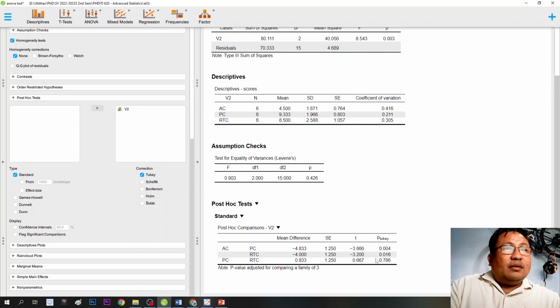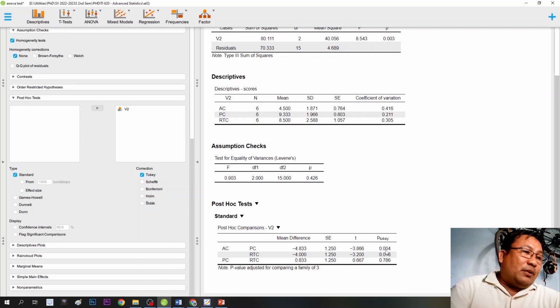So the probability value in the ANOVA test of cocaine addicts who are assigned to one of the three groups is less than 0.05. Therefore, there is a significant difference between the three groups of cocaine addicts.